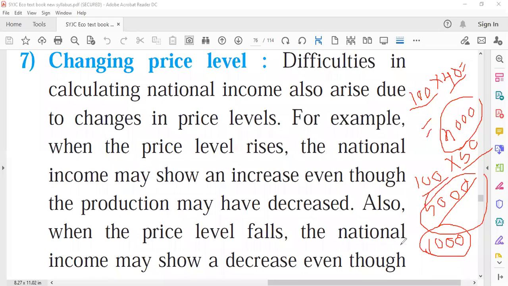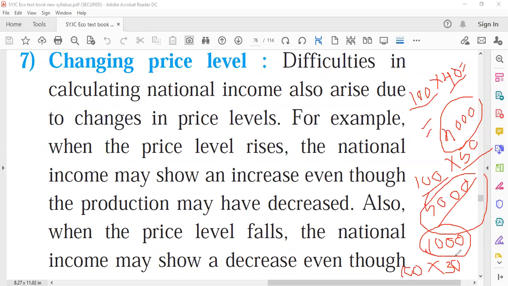And on the contrary, if the prices of the commodity decrease, we are getting underestimated value. भले ही प्रोडक्शन वही रहेगा, लेकिन अगर प्राइस कम हो गया, now suppose if the price decreases, तो हम लोग को जो एग्जैक्ट वैल्यू है उससे कम वैल्यू हमको यहाँ पे मिलेगा.